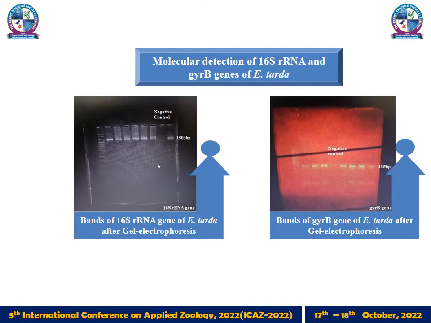And these figures show bands of the 16S rRNA gene at 1503 base pair size and that of the gyrB gene at 415 base pair size.